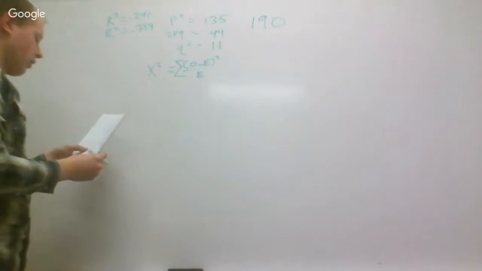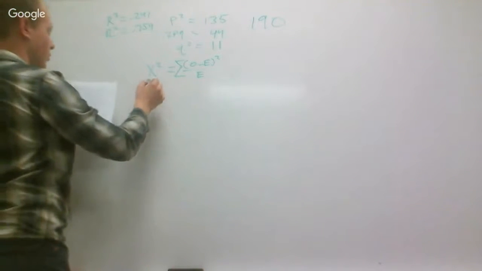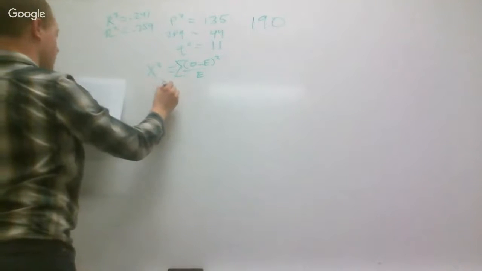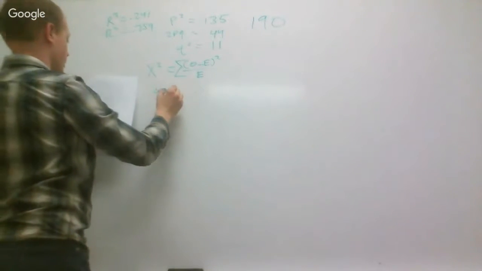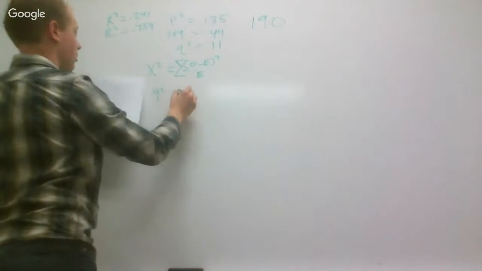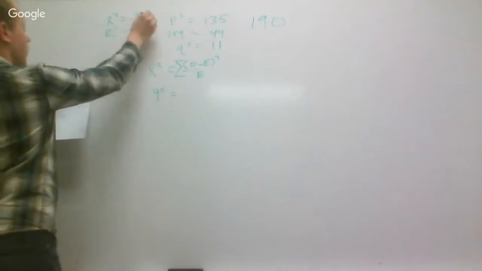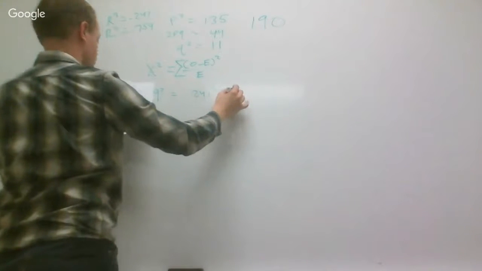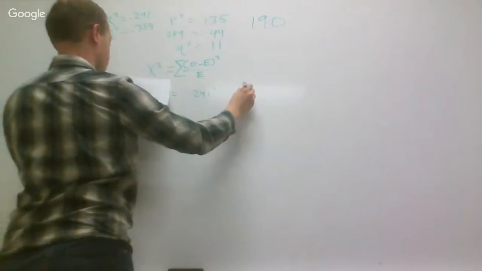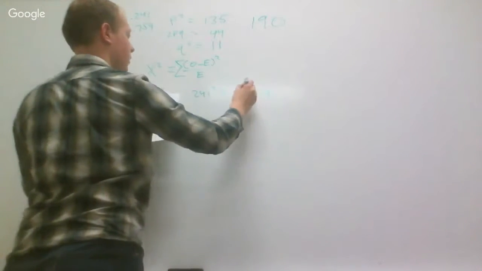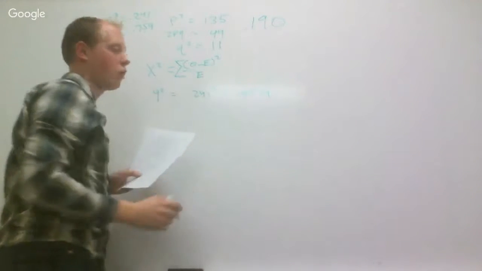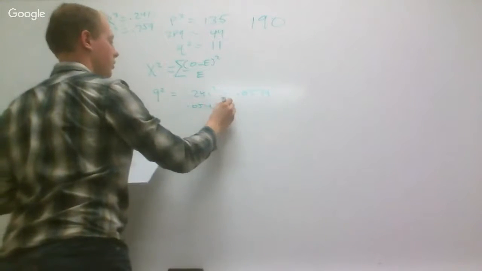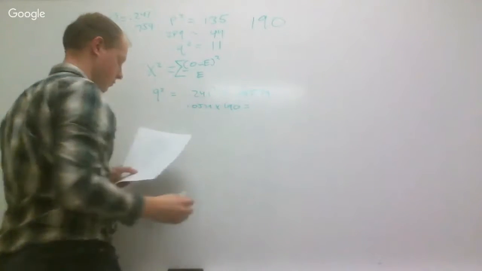All right, so to figure out the expected amounts for each, let's start with the homozygous recessive, which will be q squared. So that equals our, this is the q value up here again, remember? So 0.241 squared, which equals 0.0579. And we'll multiply that by our total amount to figure out the expected amount of individuals.